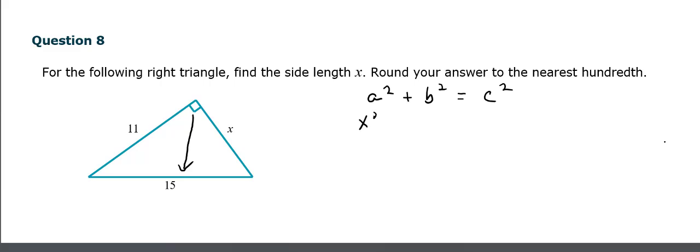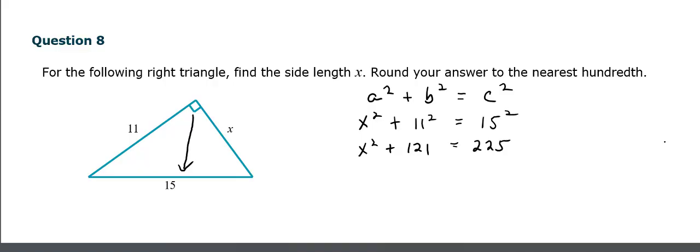So I have x squared plus 11 squared equals my hypotenuse squared, or 15 squared in this case. So next, I'm going to go ahead and square my 11. Square my 15.